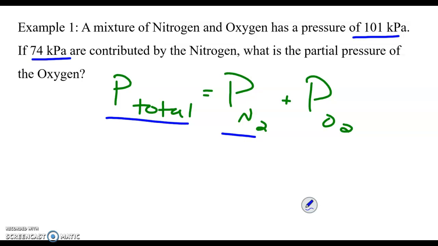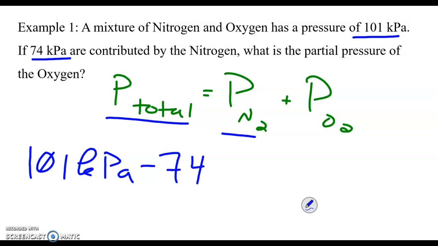So in this case, I'm going to take my total pressure of 101 kilopascals, and I'm going to subtract out all the known partial pressures. In this case, we only have one, 74. And that will tell me my remaining partial pressure, in this case, the partial pressure of the oxygen.